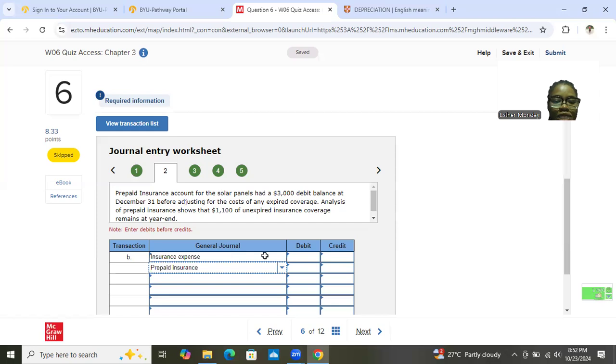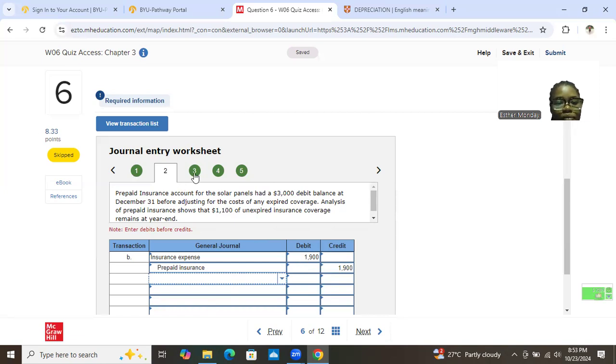When subtracting 1,100 from 3,000, we have 1,900 as our insurance expense. So we are now going to credit the prepaid insurance from the 3,000 debit. So this is what we have.